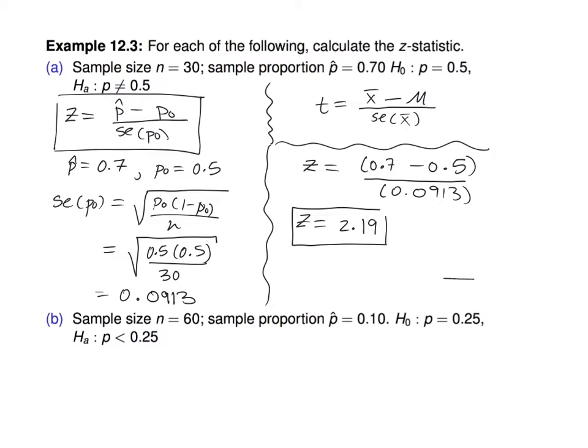If you were to draw your bell curve, how many standard deviations are you away from the mean? 2, a little bit, and then some, right? You're a little bit more than 2 standard deviations away. So this is in the top what percent? Top 2.5. Remember that was 95%? So that's a little bit unusual, isn't it? Okay.